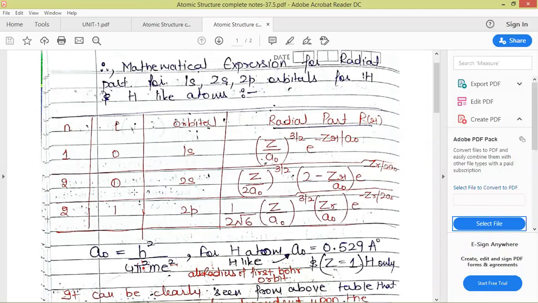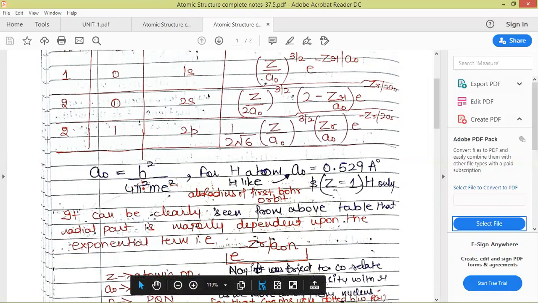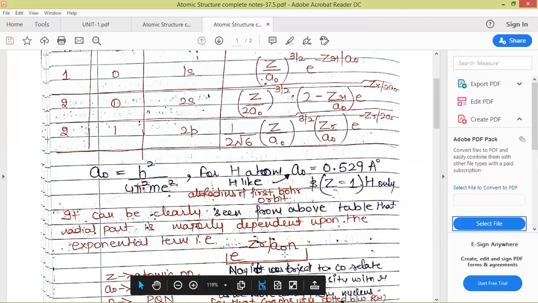For all three orbitals mentioned here, the radial part is majorly dependent upon the exponential term, e raised to the power minus Zr divided by a naught n, which is present in the solution of all the orbitals. Here a naught is the radius of the first Bohr orbit for hydrogen atom, n is the principal quantum number and Z is the atomic number.